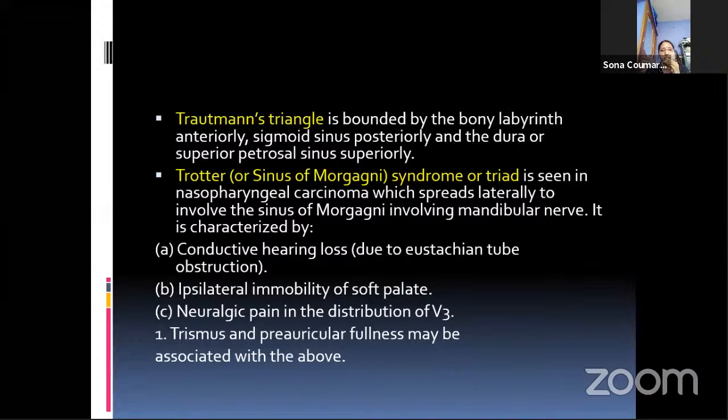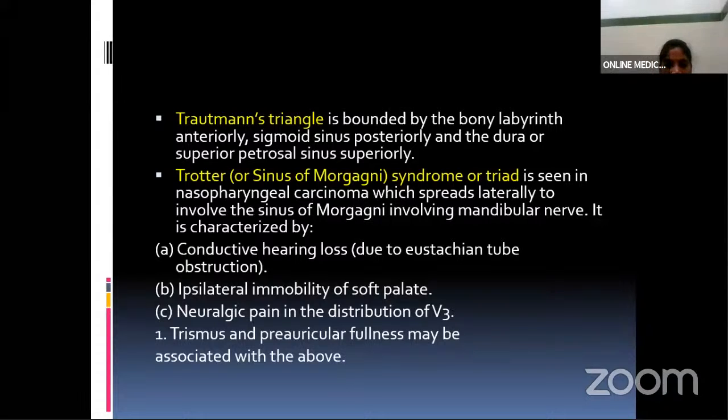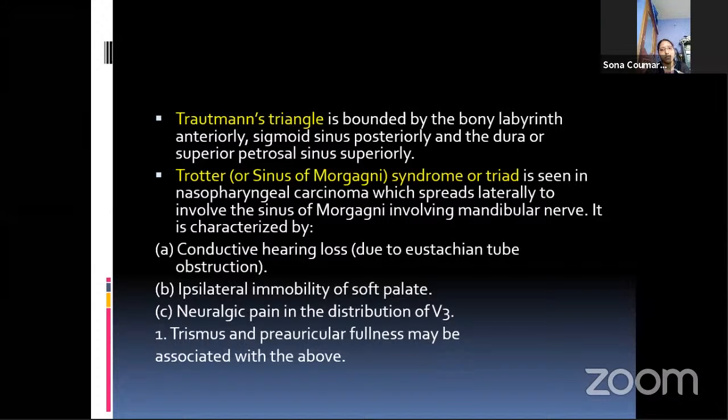Ma'am, it is characterized by immobility of the soft palate and conductive hearing loss. Seen in which condition? Nasopharyngeal carcinoma, ma'am. Very good. This triad is important in nasopharyngeal carcinoma.